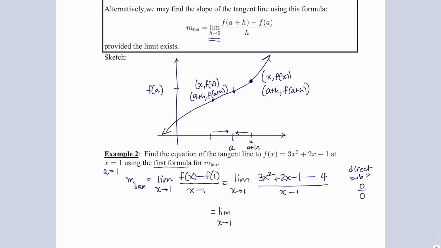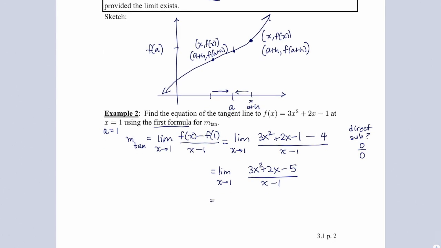And it looks like, since I have a ratio of polynomials here, I probably want to factor and reduce. So I've got 3x squared plus 2x minus 5 in the numerator, and x minus 1 in the denominator. And if I've done this correctly, I'm hoping for a factor of x minus 1 in the numerator, so that I can cancel that with a factor of x minus 1 in the denominator.